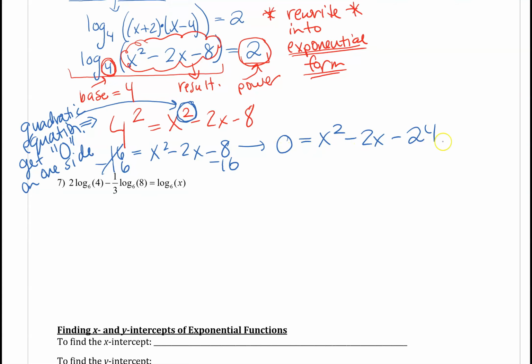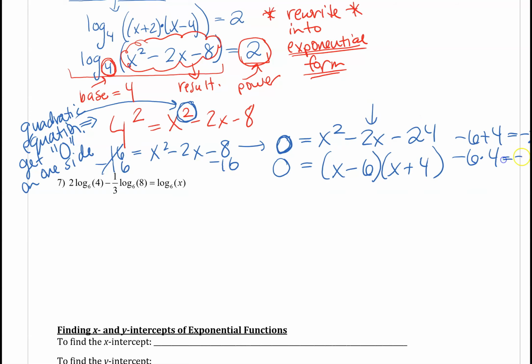Now I have a quadratic equation set equal to 0, which will allow me to either factor and set each factor to 0 or use the quadratic formula. This one will factor though because of -6 and 4. -6 plus 4 would equal -2, and -6 times 4 would equal -24.